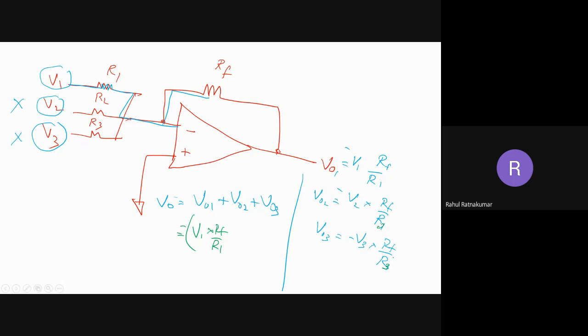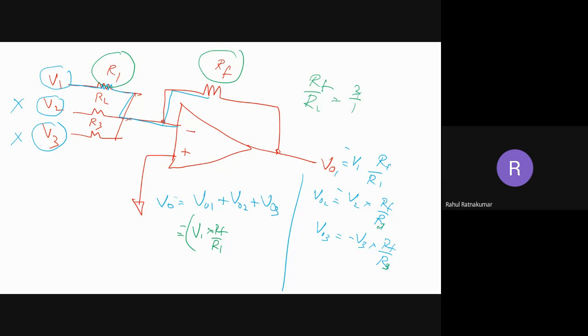Now it is fine. Now we can see here, if I take RF and R1 in the ratio, RF divided by R1 equal to 1 is to 3.